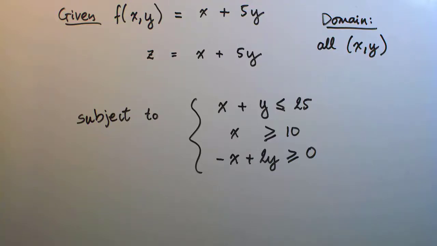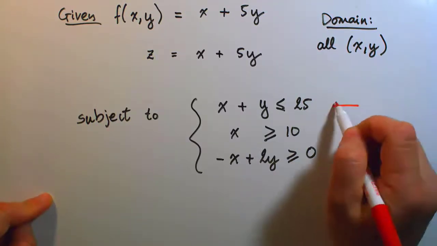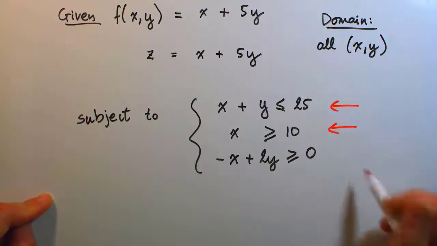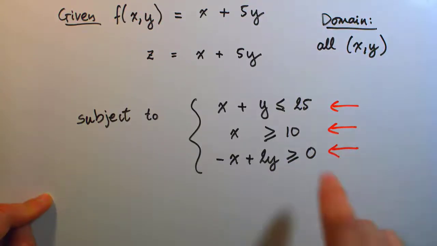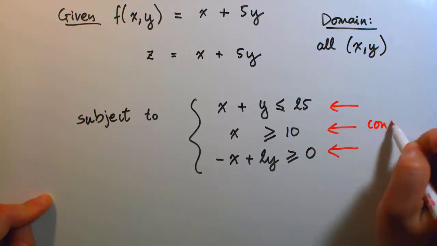So in other words, this is how it's formally written, but we understand these as the constraints. This first inequality, the second inequality, and the third inequality here, all three of them together are referred to as constraints.